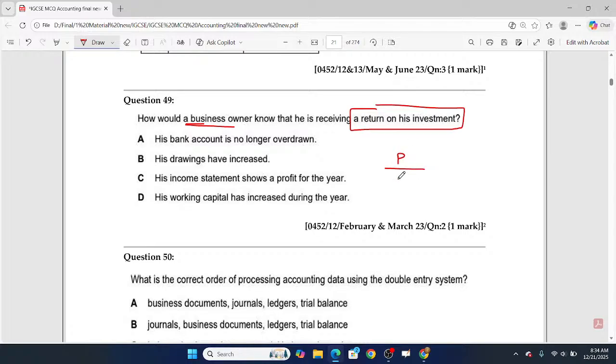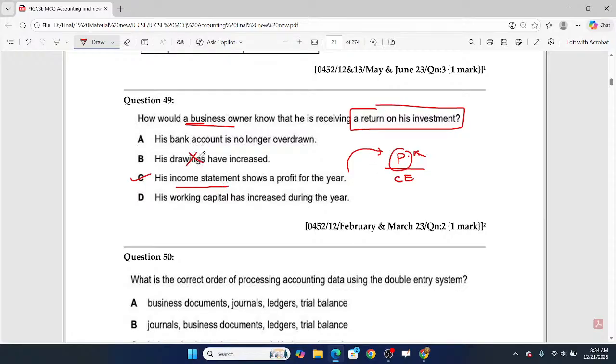Profit for the year divided by capital employed. This profit will be identified from the income statement. C is the correct one. His income statement shows a profit for the year. If the profit is negative, then there is no return. So return on investment is nothing but profit by capital employed. You can verify whether there is a profit or not by preparing the income statement.